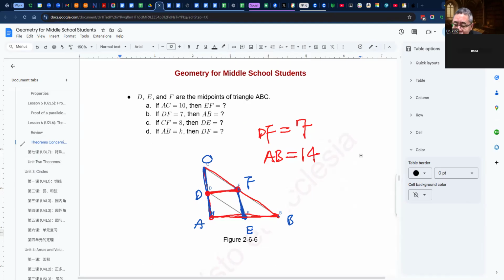Now we're looking at C, CF. Where's CF? CF is here. CF is 8. What happens to DE? This line.